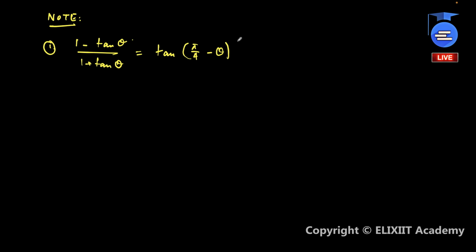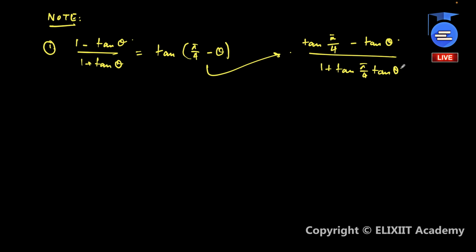Simple reason. How to prove this? If you break tan pi by 4 minus theta using the formula of tan A minus B, that is tan A minus tan B divided by 1 plus tan A tan B, with A as pi by 4 and B as theta, tan pi by 4 is 1.